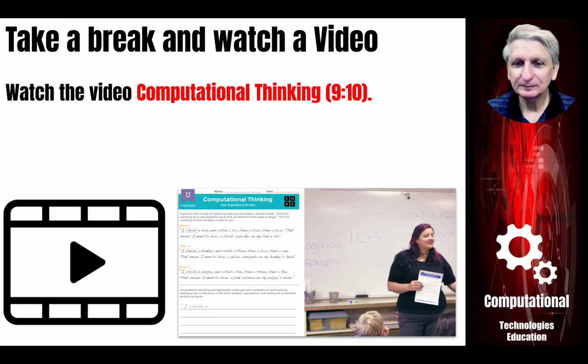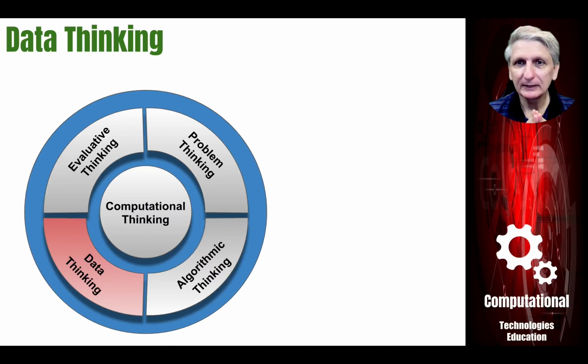Okay, so our next aspect of computational thinking is data thinking. A huge amount of the power of technology and of digital technologies is how we can actually utilize it to manipulate data. And in fact, really that's almost all digital technology does.